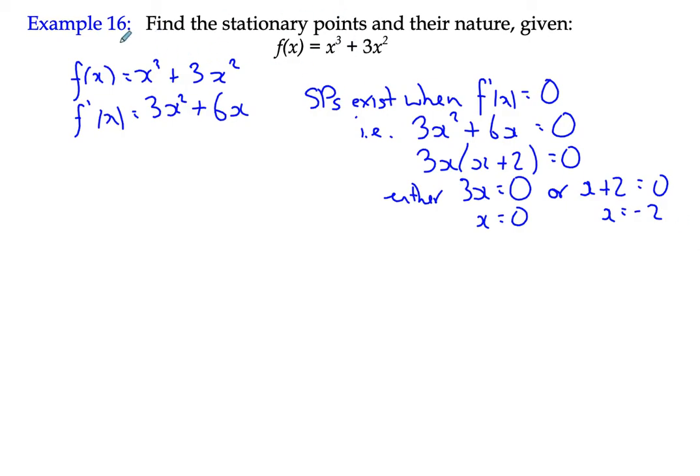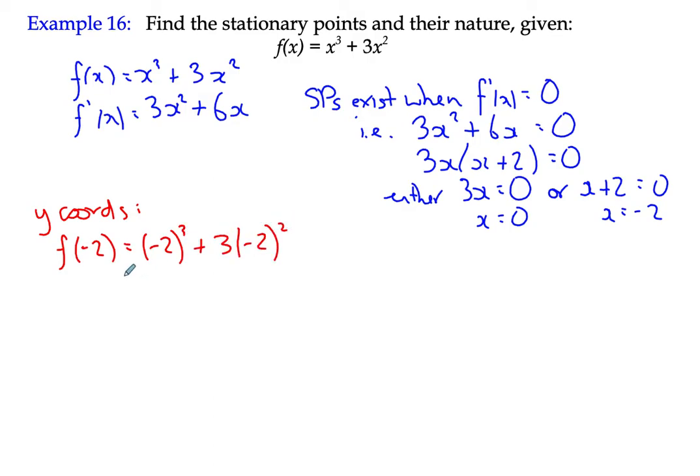It says find the stationary points, so I'm going to find the y coordinates next. You could do it in a different order, but we'll do it this way. We've got two values of x and we're going to substitute them into the original function. So for f of negative 2, that's negative 2 cubed plus 3 times negative 2 squared.